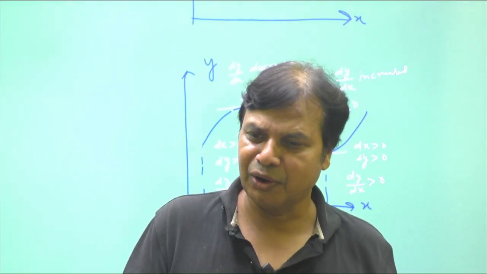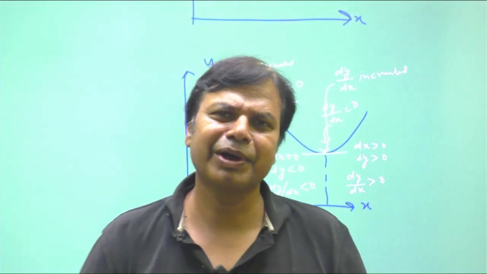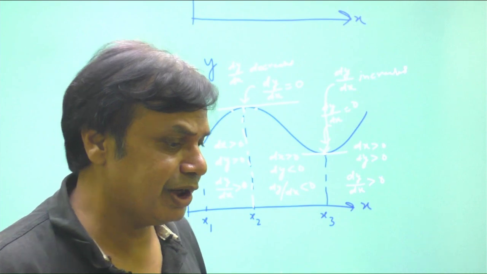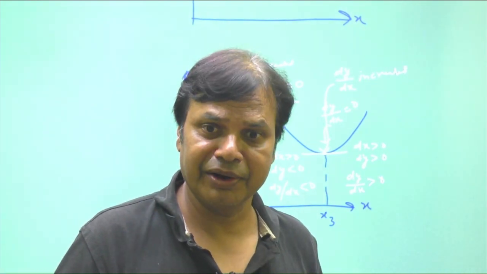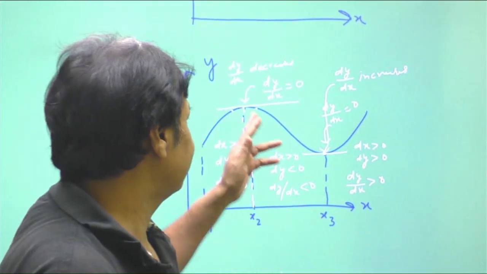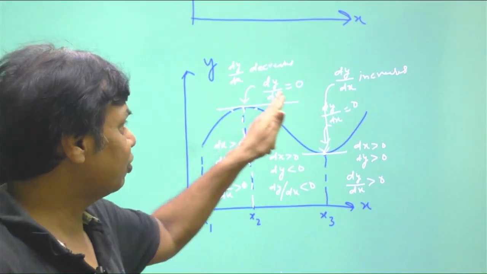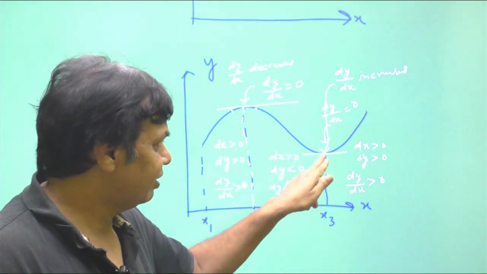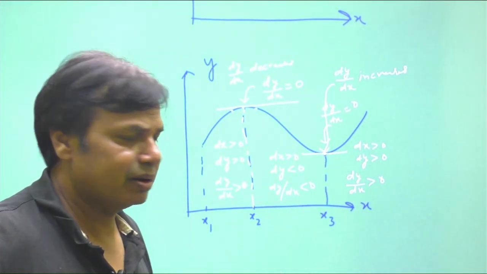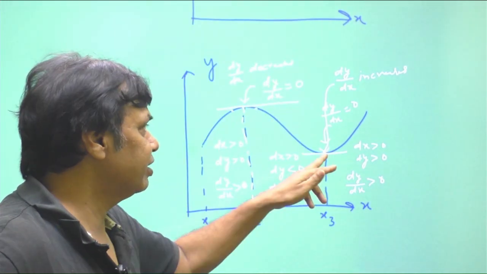And in order to increase or decrease, it may become 0 somewhere in between. But being 0 at a point doesn't make it constant. So dy by dx around the local maxima is not constant, neither is it at local minima. They are decreasing here and increasing here.